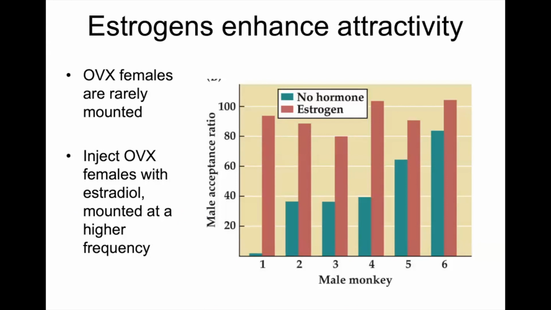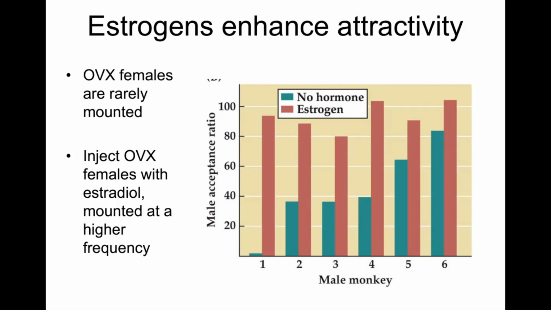Estrogen tends to enhance attractivity. First, it's worth noting that if you remove the ovaries from a female animal, something known as an ovariectomy, typically abbreviated OVX, the OVX females without their ovaries are rarely mounted.